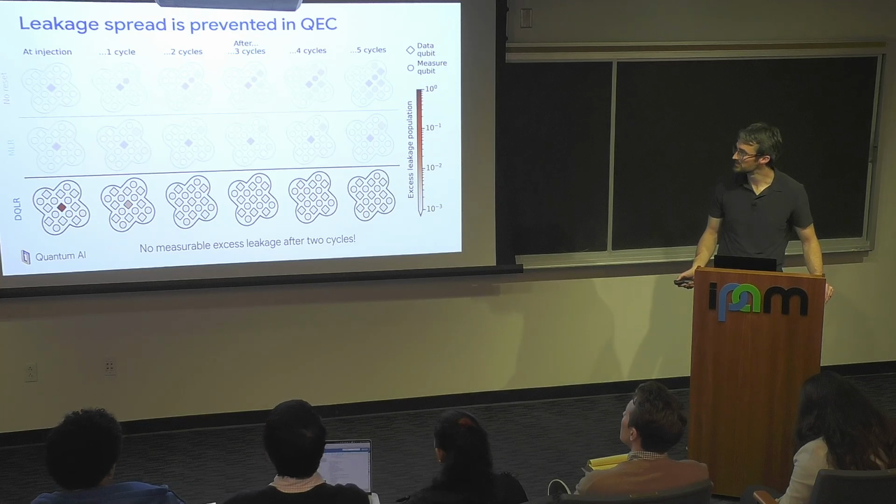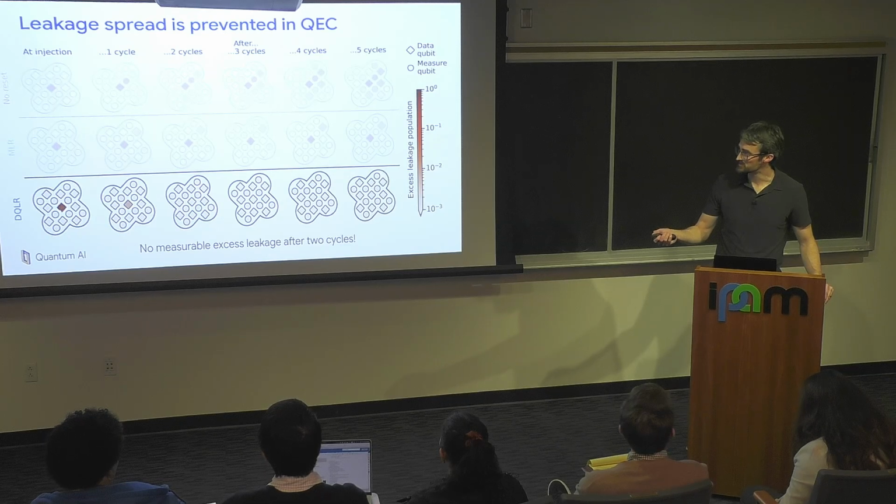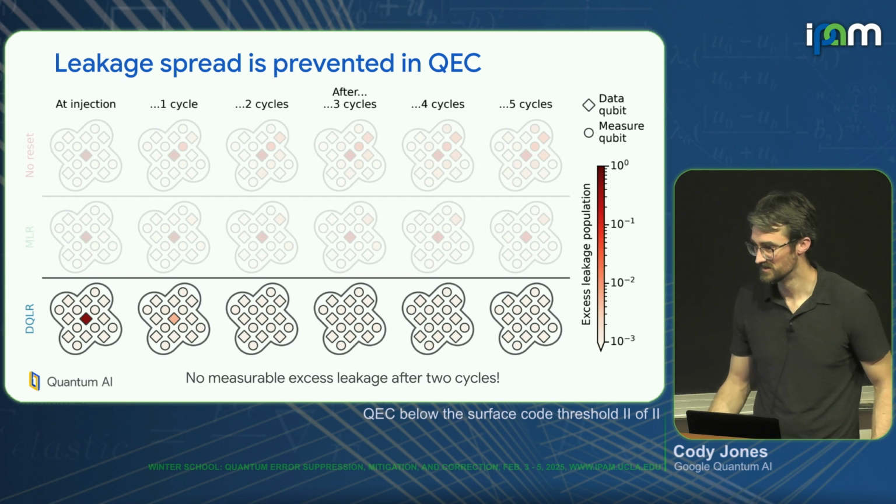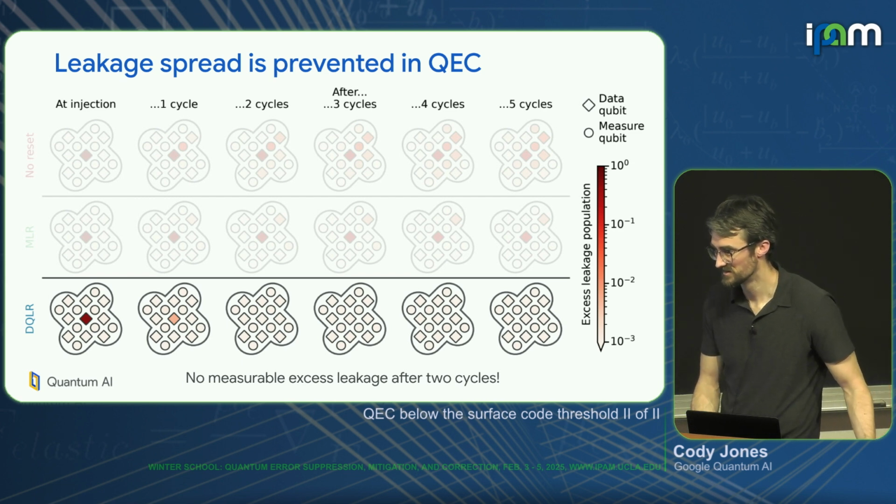But in your example there, you have a dark square, right? That either has leakage or no leakage. How can you get a gray one? Yeah. So in this case, this is an experiment where we initialize a surface code, but then we use a microwave gate to intentionally put leakage on this one side. And so that's why it's dark red. Right, but it gives me the sense that you have some intensity encoded here.